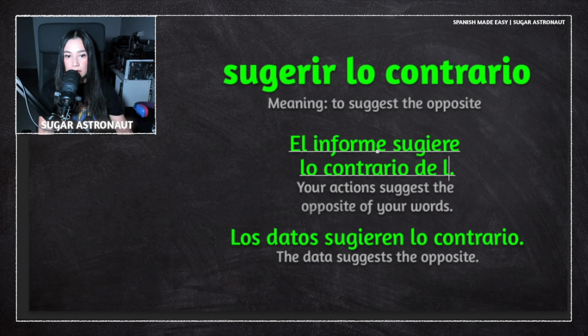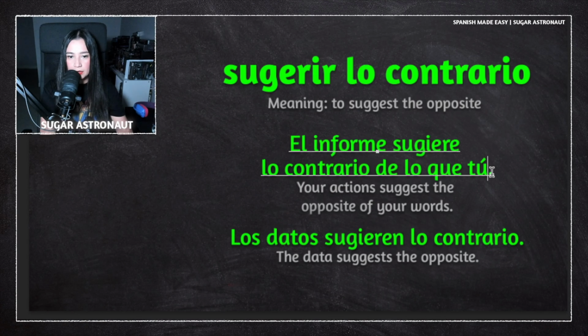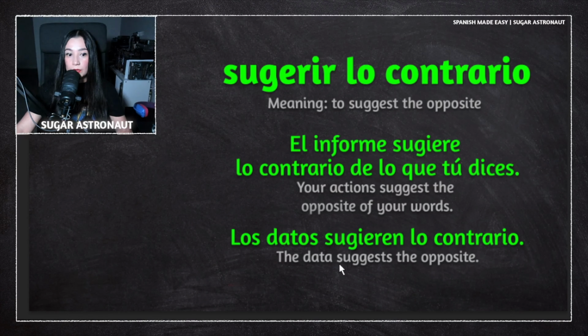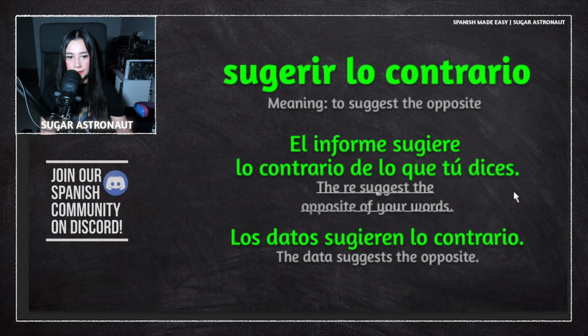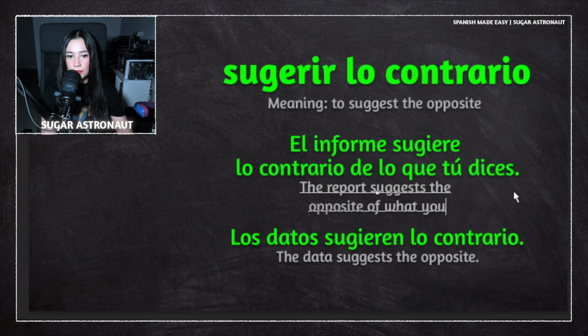You can say de lo que tú dices. That's another example. El informe sugiere lo contrario de lo que tú dices. And that means the report suggests the opposite of what you are saying.